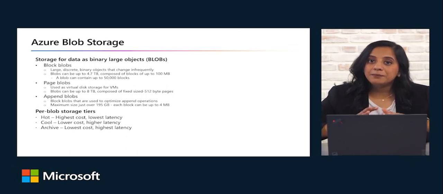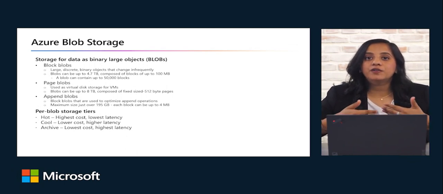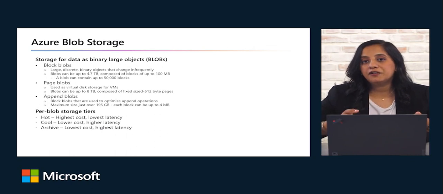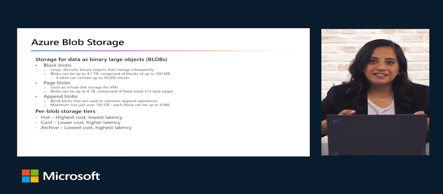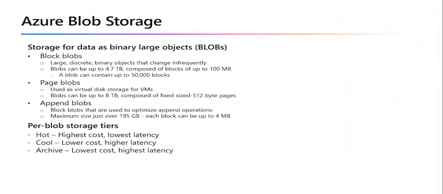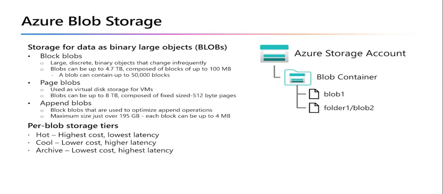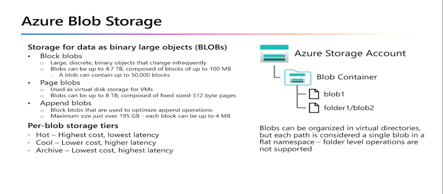The blob will then be rehydrated, and you can read the blob only when the rehydration process is complete. You can also create life cycle management policies for blobs in a storage account. A life cycle management policy can also arrange to delete the outdated blobs.